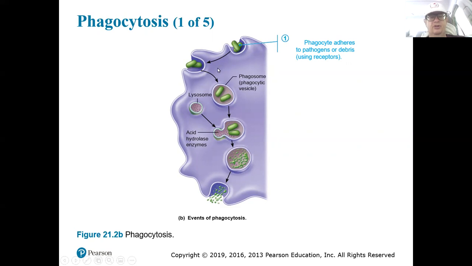We are going to be pulling it into the cell. We grow our pseudopodia around it, and we pull it into the cell. And when you phagocytize something, the little transport vesicle-looking thing that you create is called a phagosome because it was made from eating.